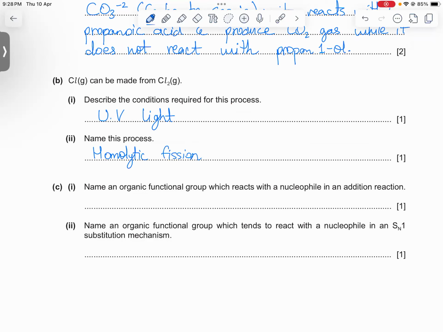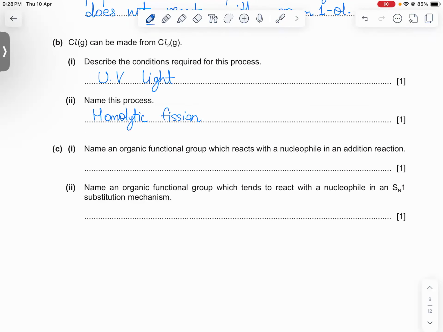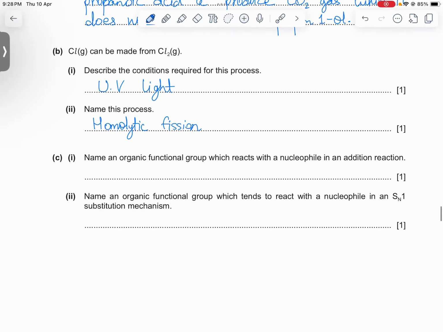The breaking of chlorine into two Cl radicals is homolytic fission. If you thought the answer should be initiation, no, that is only a step of a chemical reaction called free radical substitution. That is not a process, it's only a step of a chemical reaction. The process is homolytic fission, which occurs in the presence of UV light in chlorine to produce chlorine free radicals, right?